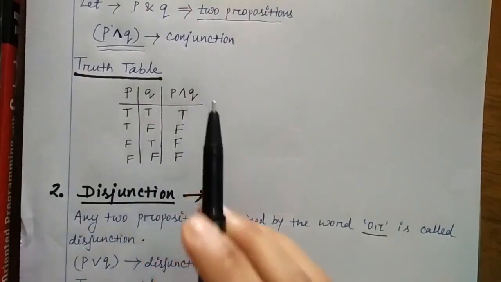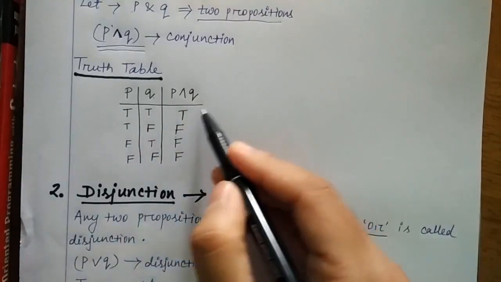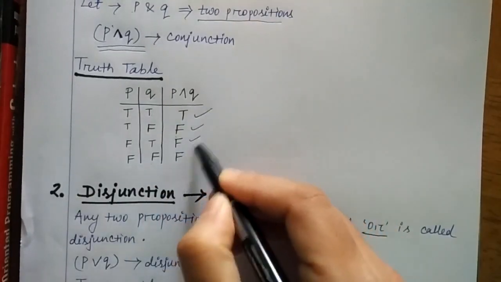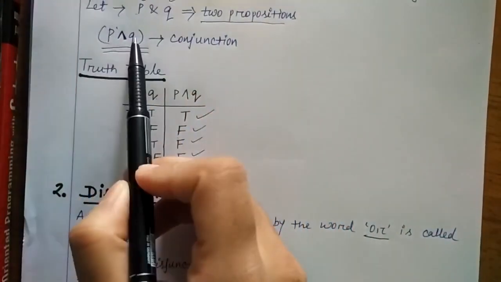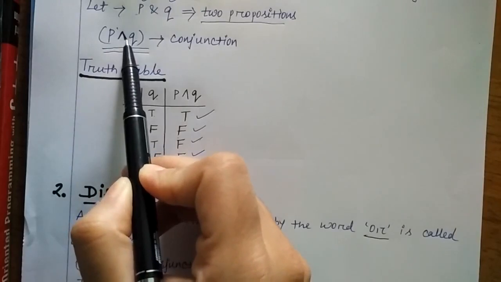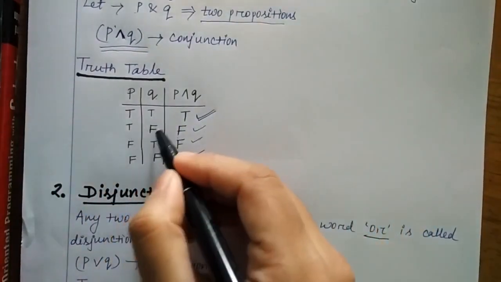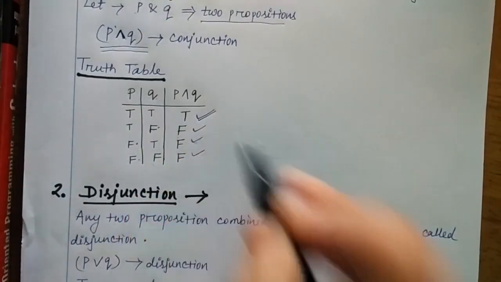You get 4 combinations of truth values, and for true true the result is true, and for the others it is false. Why? Because when you connect two propositions using AND, the result is true only if both are true. If either of them is false or both are false, you get false.